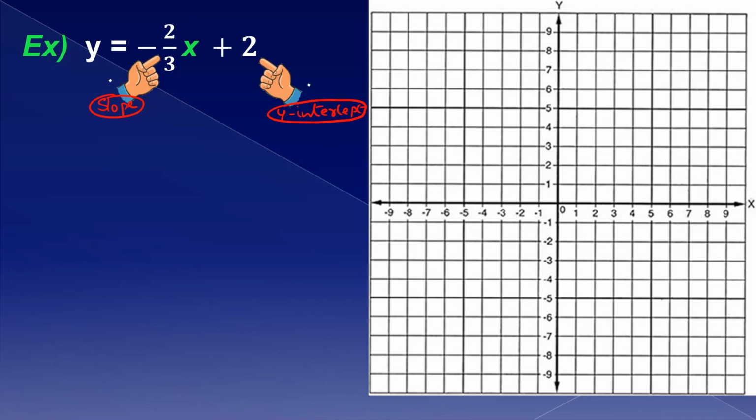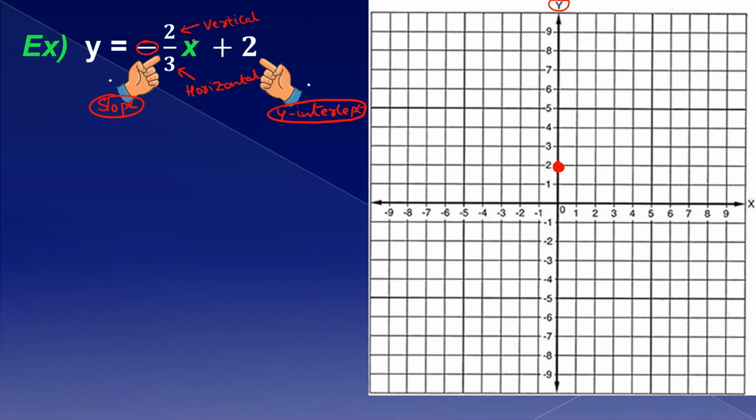You see that the y-intercept is 2 here. So on the y-axis, let me identify 2. Okay, it is marked. Then the slope, I see that negative 2, the numerator, represents rise, the vertical shift, and the denominator represents run, the horizontal shift.